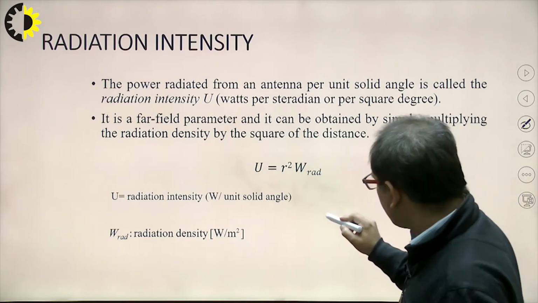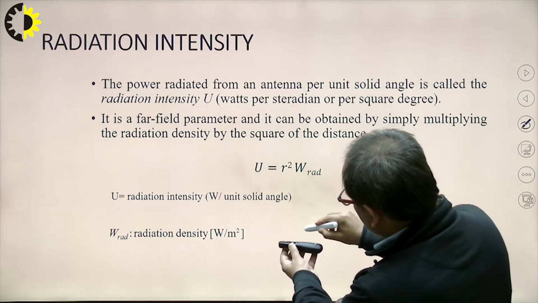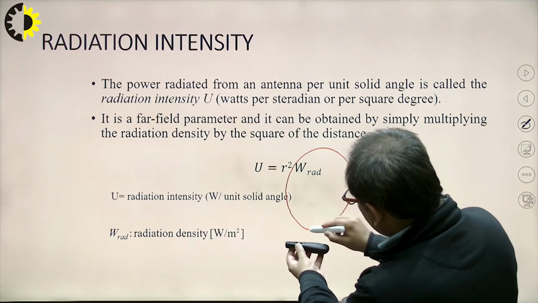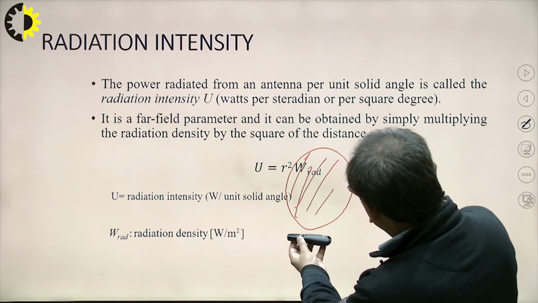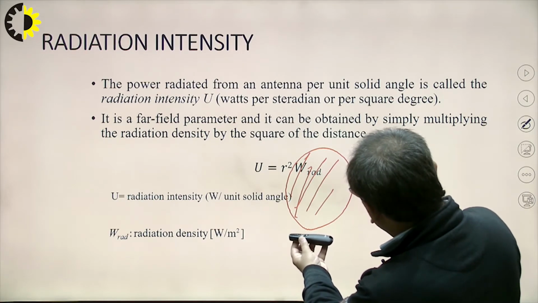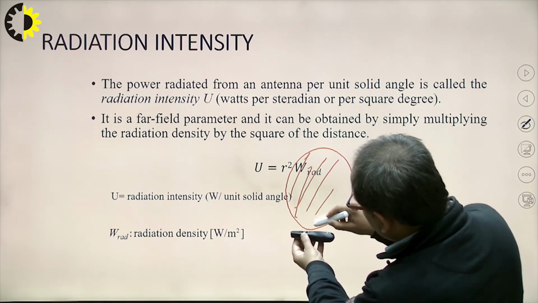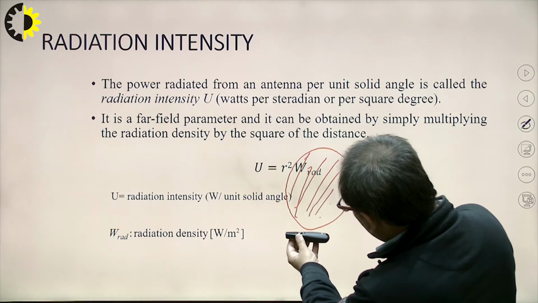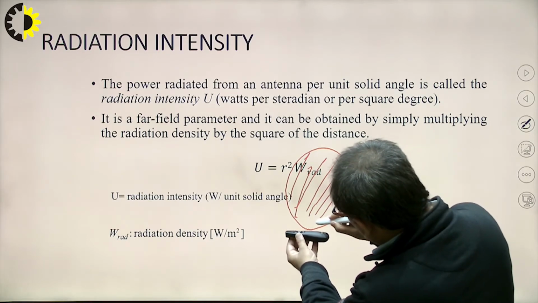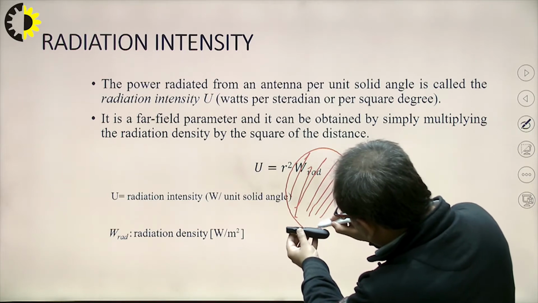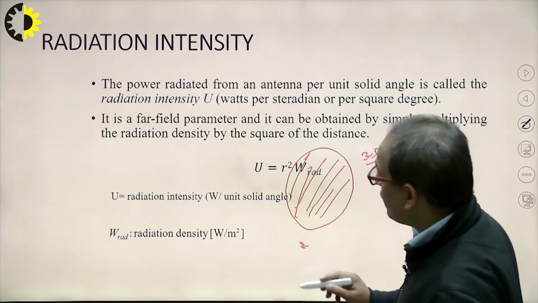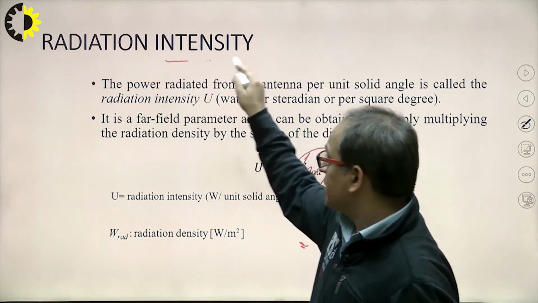This is the antenna placed here, and it is radiating in this area in a three-dimensional figure. The power radiated per unit solid angle will be the radiation intensity.